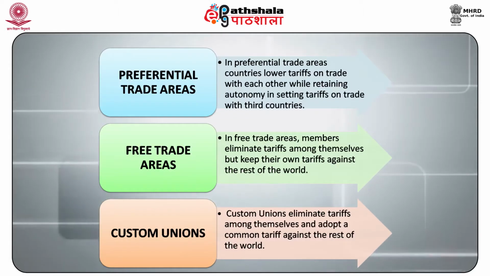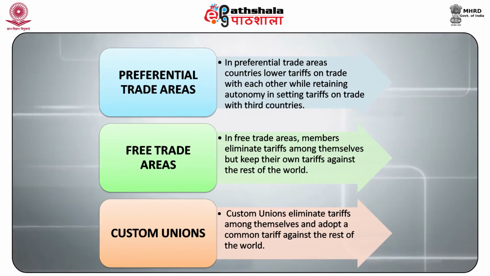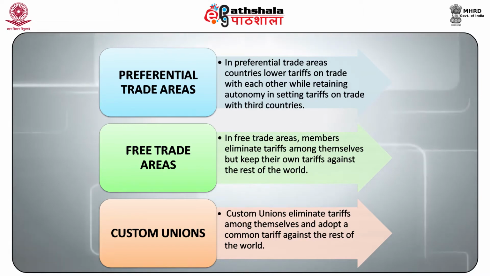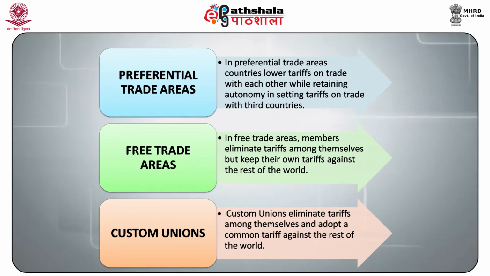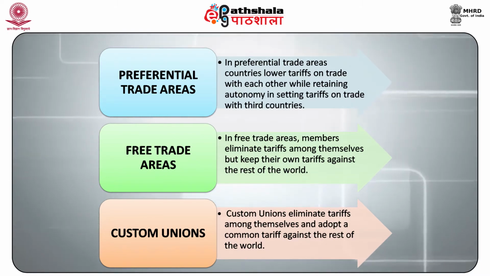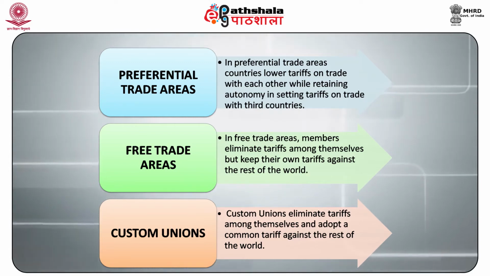The preferential trade area is the area in which countries lower their tariffs on trade with each other while retaining the autonomy in setting the tariffs on trade with third party countries. That is, for example, an agreement between USA and Canada, as was the case before NAFTA.